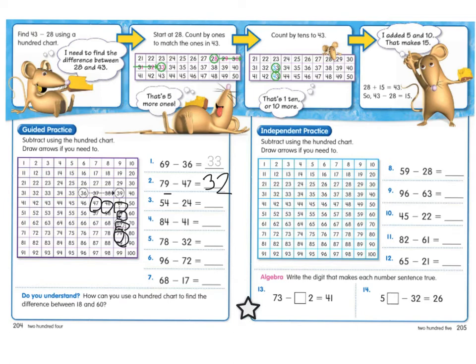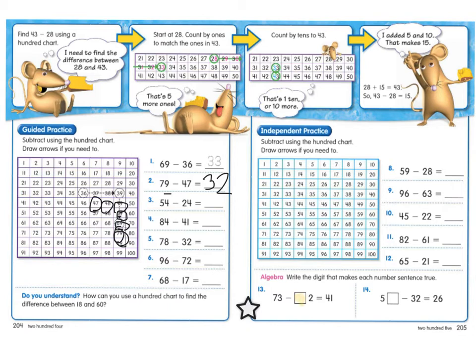When you get down to 13 and 14, that's algebra, so you will write the digit that makes each number sentence true. So 73 minus what number equals 41? Keep in mind that this number is going to show the tens.